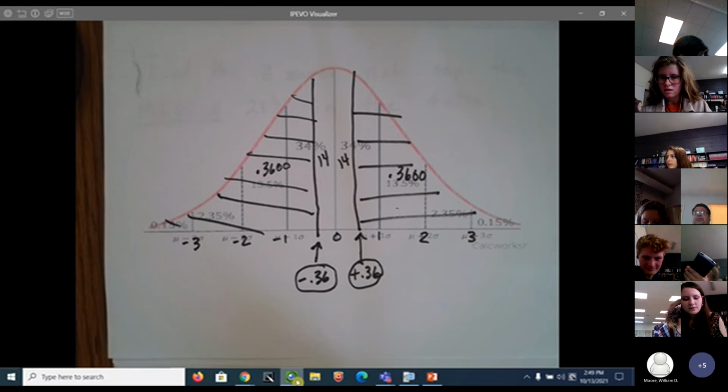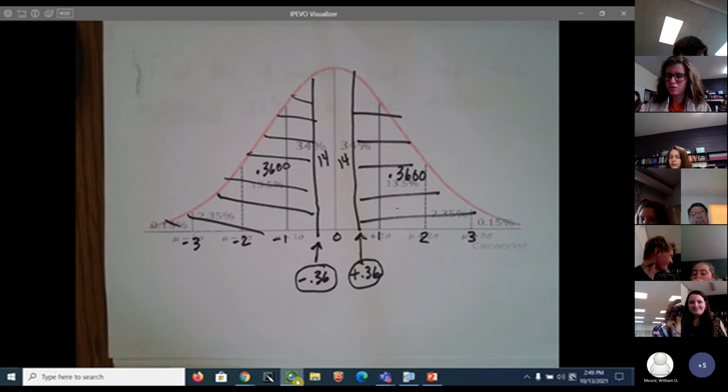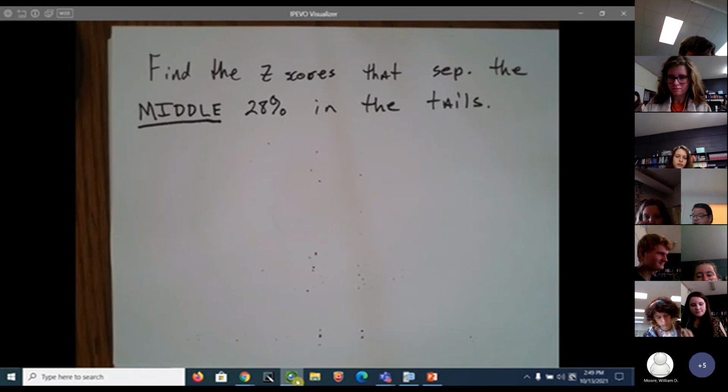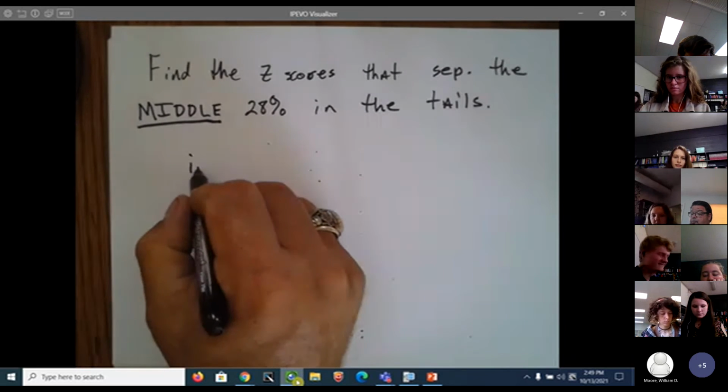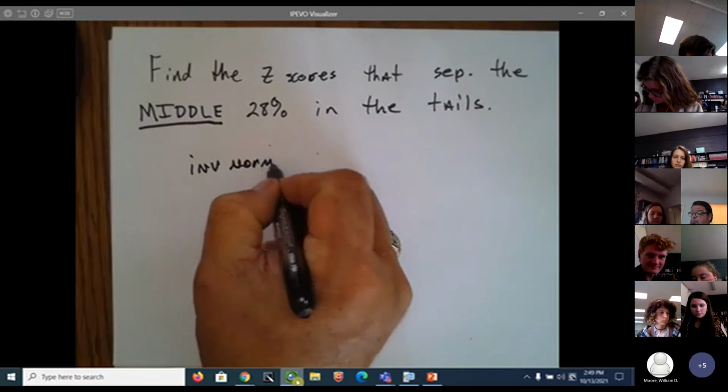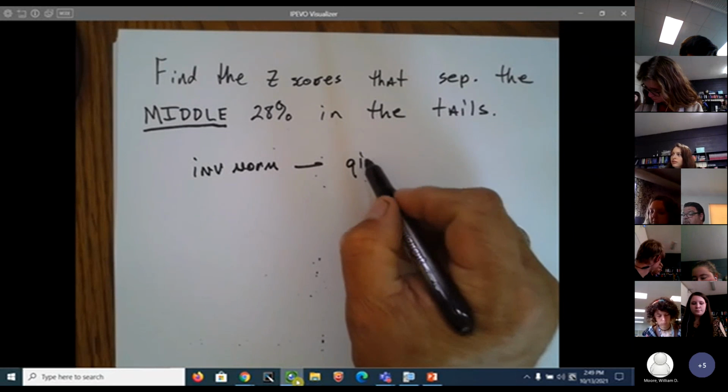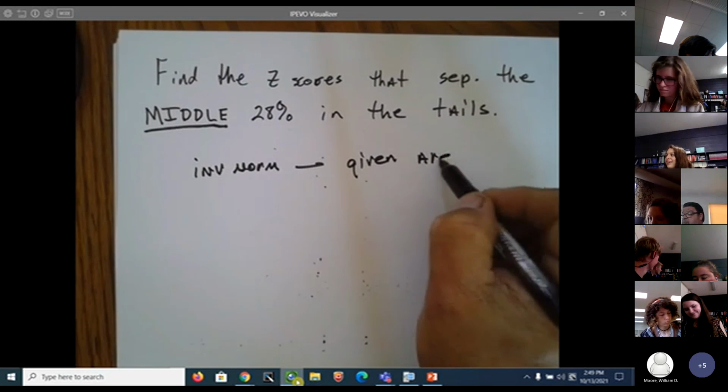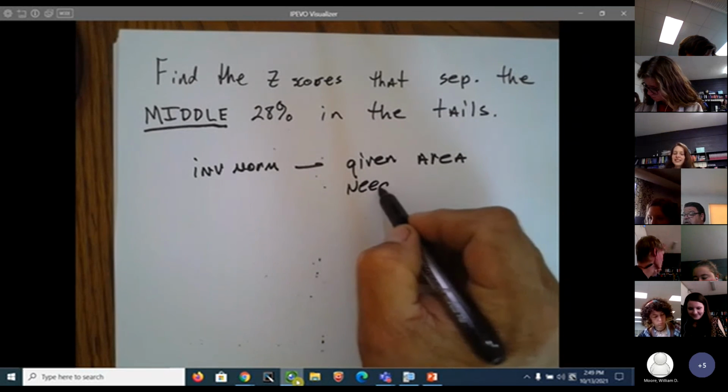I have a question. How do you know whether to use normal CDF or inverse normal? That's a good question. Usually people ask that. Inverse norm is used when you're given an area and you need a z-score.